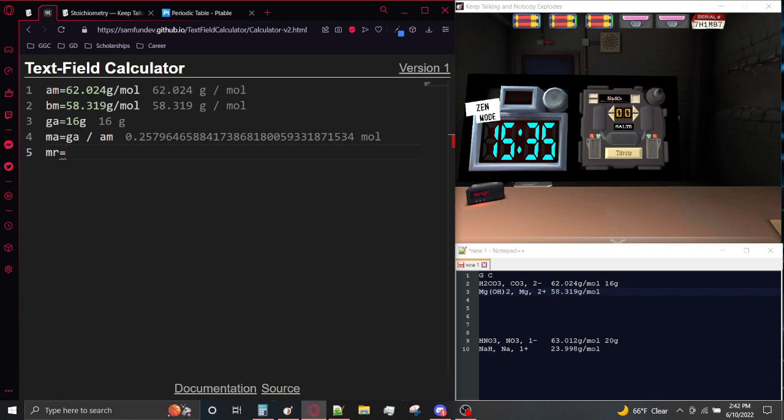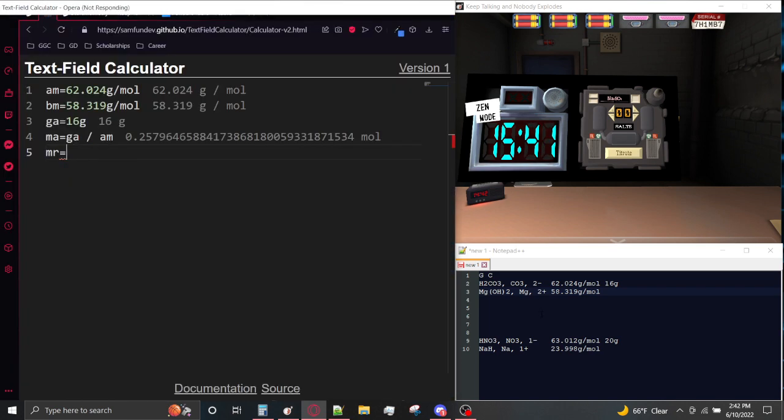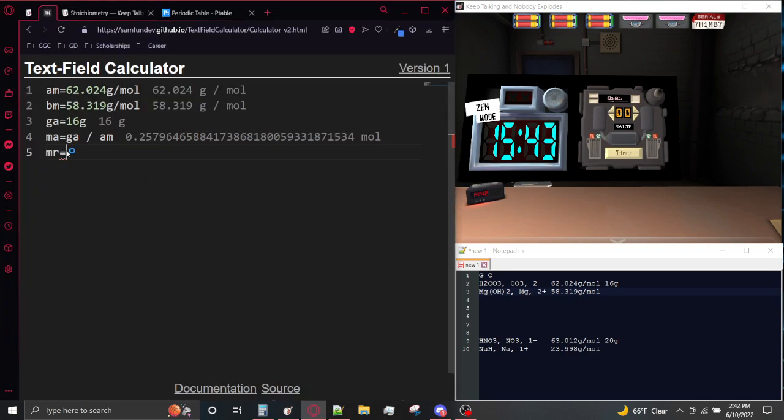This is why I put them in a comma-separated list. To get the molar ratio, you take the number attached to the minus, which is a... Okay, what the hell? That was weird. Anyway, you're going to take the number associated with the minus and divide it by the number associated with the plus, and this is the molar ratio.